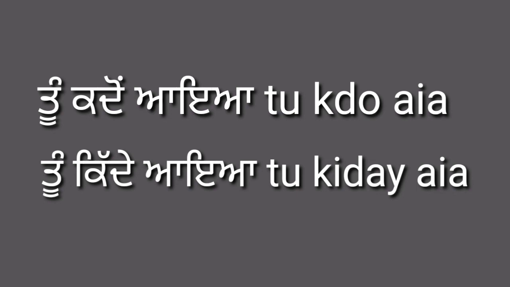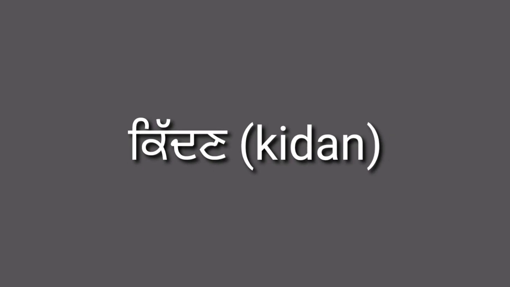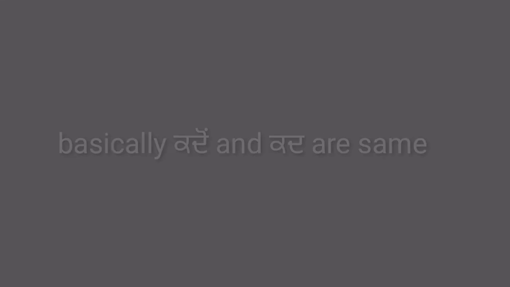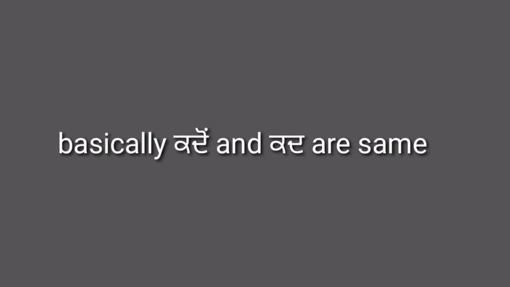All right, got it. So same with kiddan. If somebody asks you kiddan, they are also looking for the day or date. If somebody uses kad, kado and kad is the same thing, and kidde and kiddan is the same thing, right?